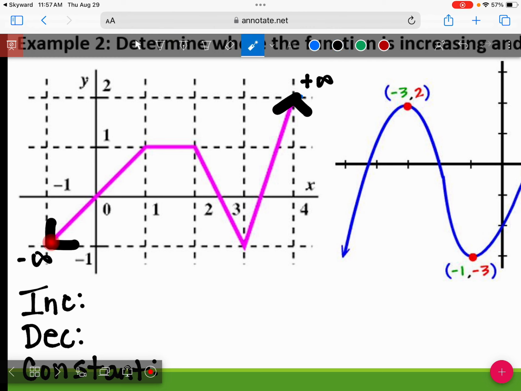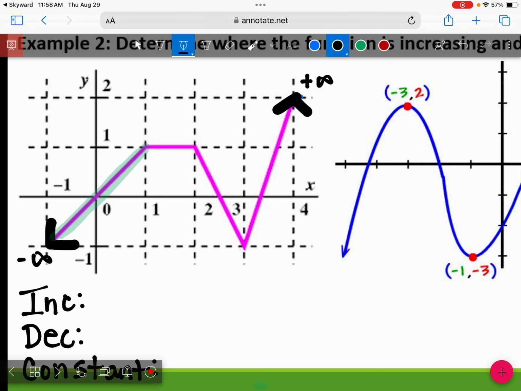All right, so let's get started. When you look at the screen, you all see my little laser here. What am I doing? Is my little red dot going up or down? So that means that this graph is doing what? Increasing. So this portion of the graph, I'm going to highlight it in green. This is increasing right here.